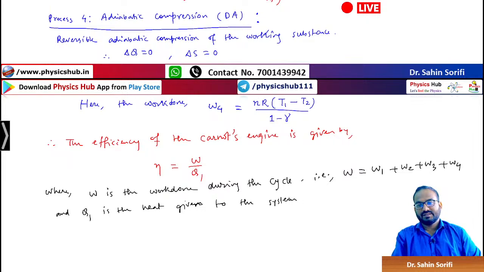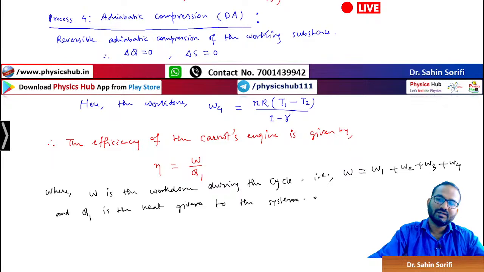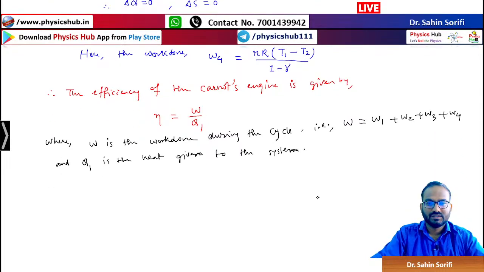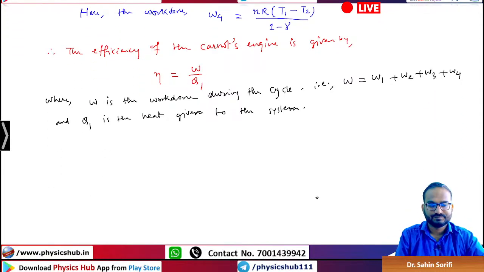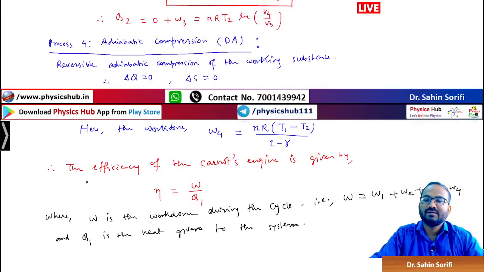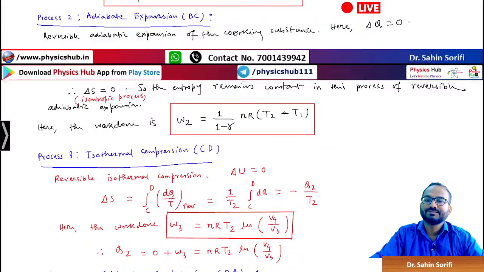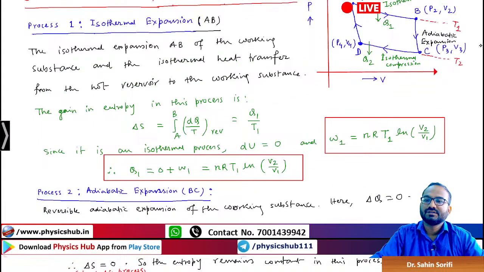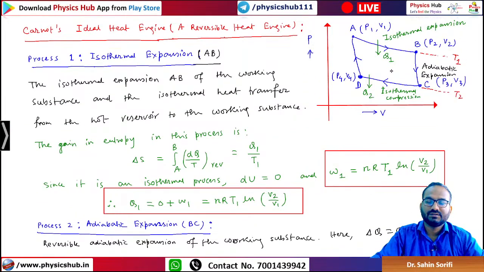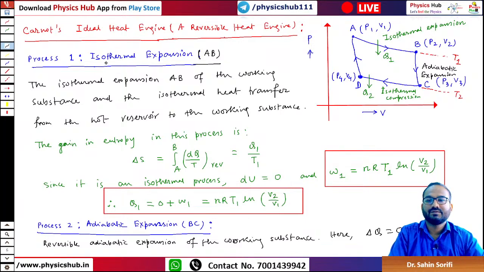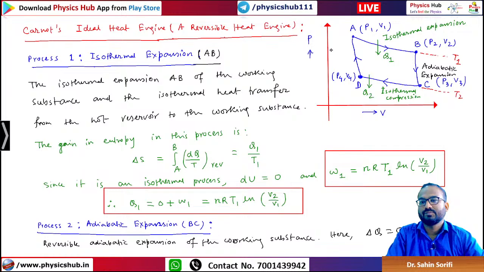So we have individually calculated W1, W2, W3 and W4. Let's just add them up. As you can see, W2 and W4 are equal and opposite. Adiabatic expansion, and here we have adiabatic compression.